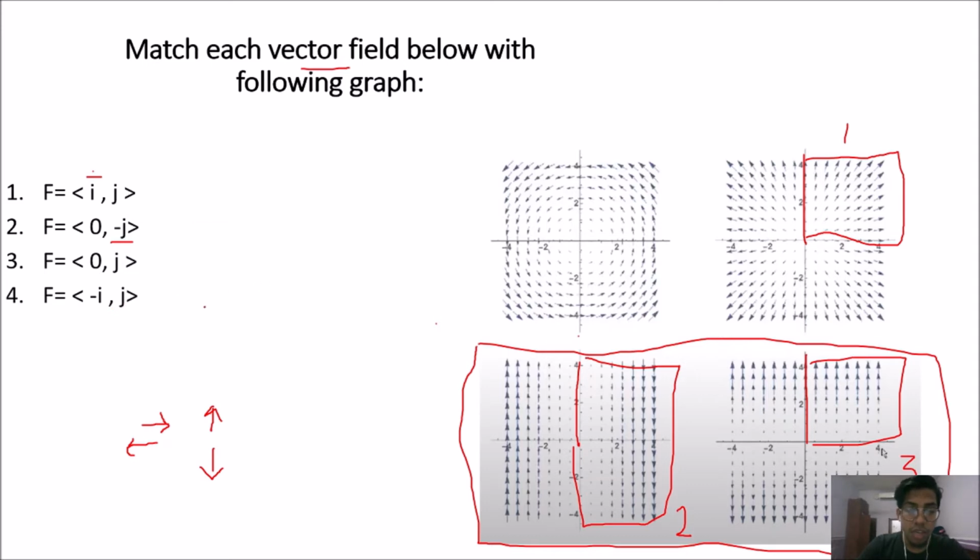Negative i means that horizontally it will move to the left, and j is positive, which means vertically it moves up. The only graph that corresponds to this is this graph, where if you see the arrows, they move vertically up and horizontally to the left. So this one is number 4.